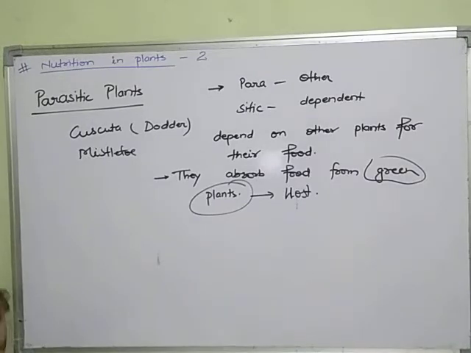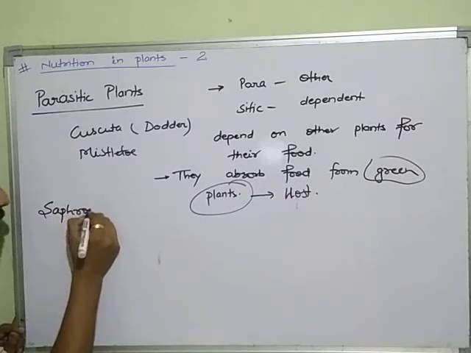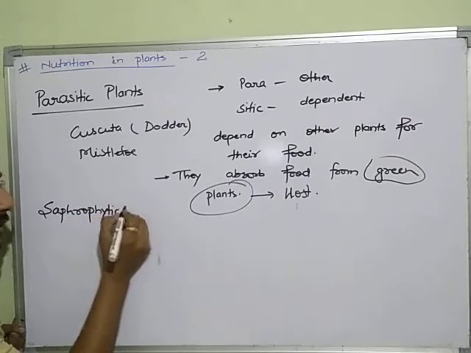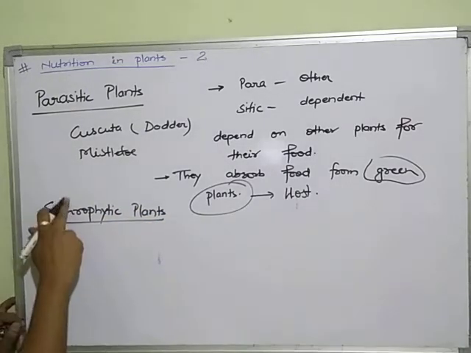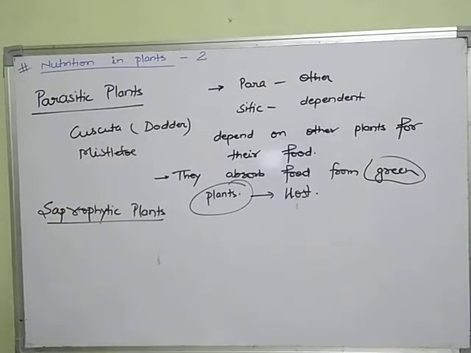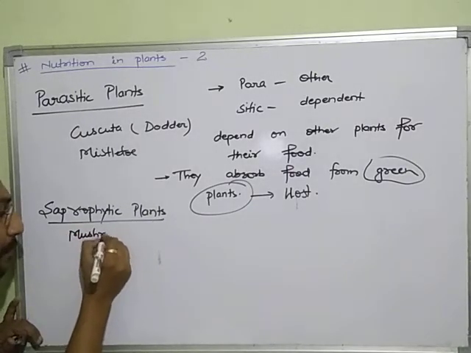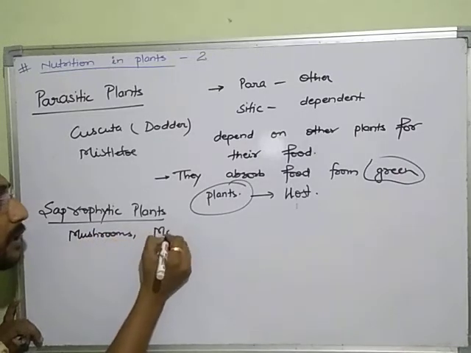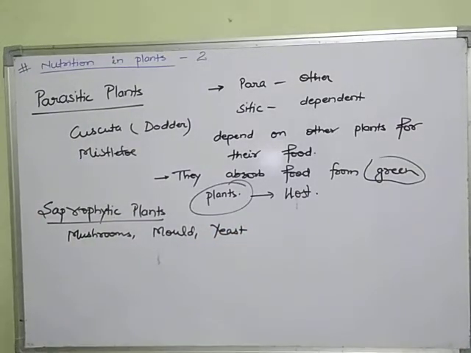Okay, now moving to our next topic, that is saprophytic plants. Now what are saprophytic plants? If I talk about saprophytic plants, the plants like mushrooms, mold, yeast, which feed on dead and decaying organic matter, are called saprophytic plants.